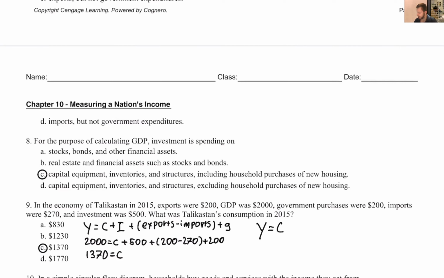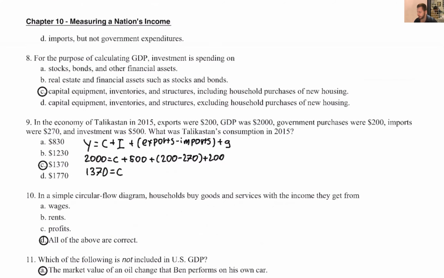Y equals consumption plus investment plus government purchases plus NX, which is exports minus imports, because the later chapters will really utilize this formula a lot. So it's a good idea to memorize it, and it's going to become important.